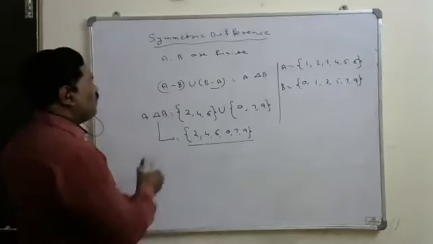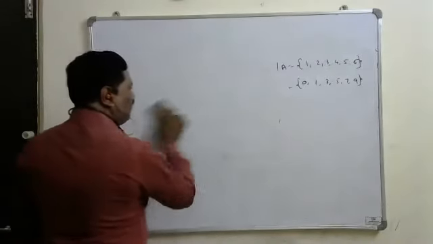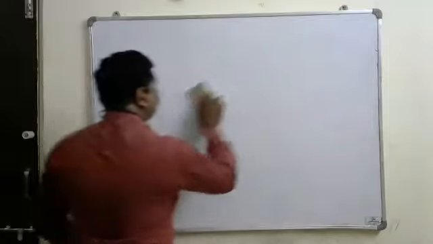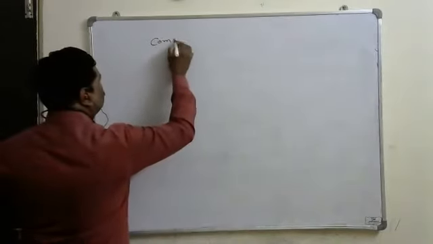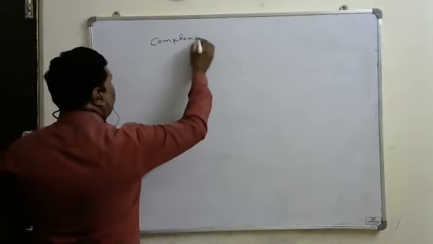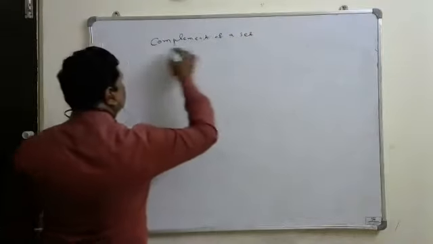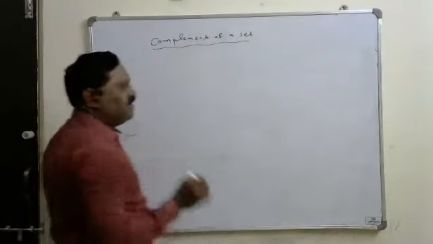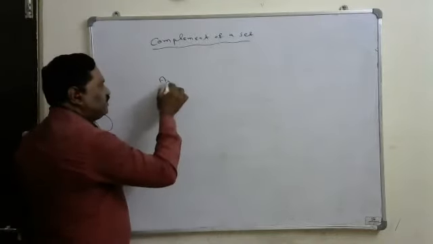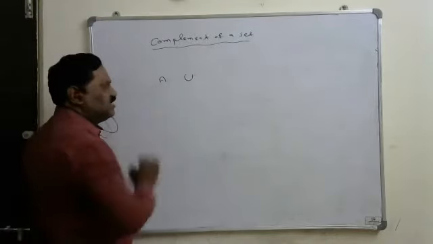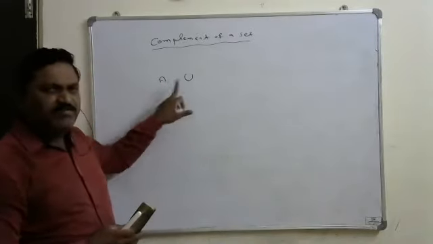Now we have one more set operation, that is the complement of a set. What is meant by the complement of a set? If A is any set and U is the universal set, A is derived from the universal set.